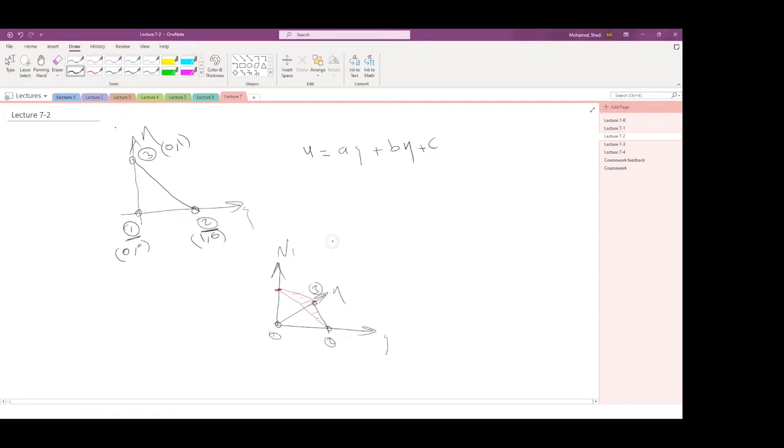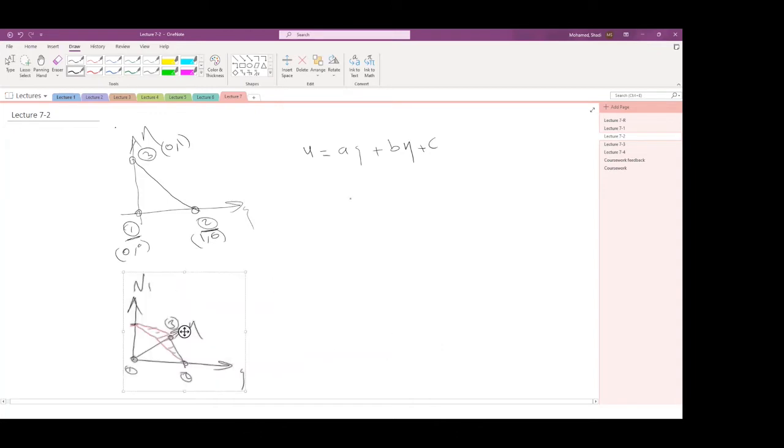Now, at the first node, you have xi equal to eta equal to 0. At this point, u equals u1, which is a multiplied by 0 plus b multiplied by 0 plus c. From this equation you immediately get c equal to u1.